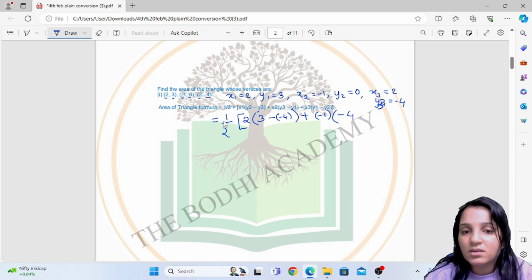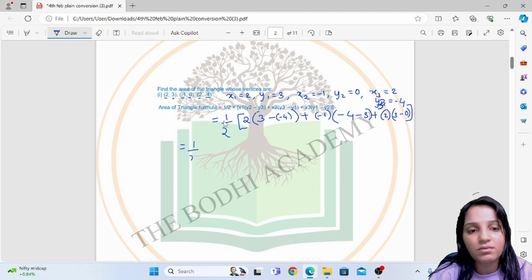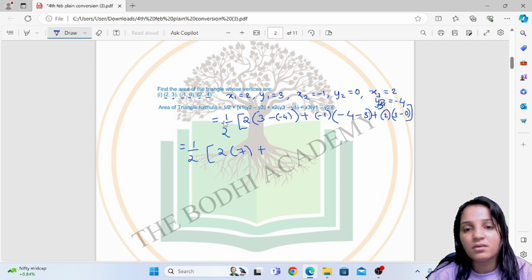Then minus y1, which is 3, plus x3 here is 2, into (y1 minus y2), y1 is 3 minus y2 is 0. 2 into 3 plus 4 is 7. Minus 1 into minus 4 minus 3 is minus 7, plus 2 into 3.